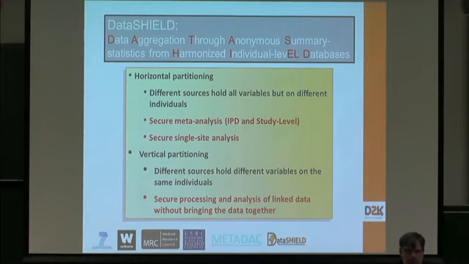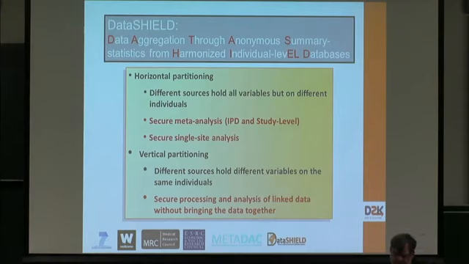Under horizontal partitioning, each of the individual studies holds all the variables you need for analysis, but on different individuals. For people used to working with meta-analysis, this is equivalent to a meta-analysis setting. You've got individual studies, each of which is going to do the same analysis because it has the same variables, but on different individuals. And we want to take that information and in some sense pool it to produce a joint analysis.